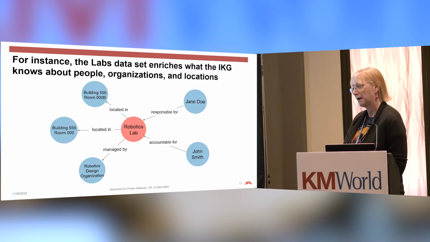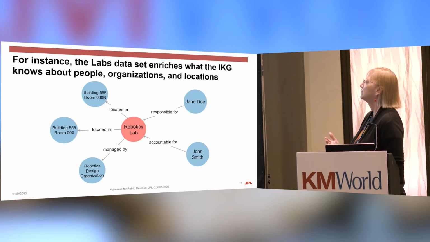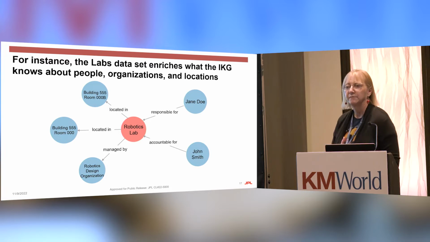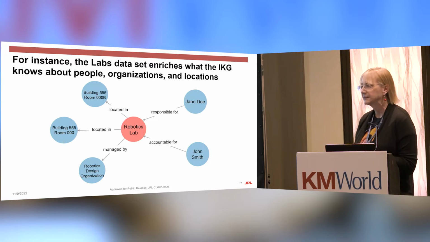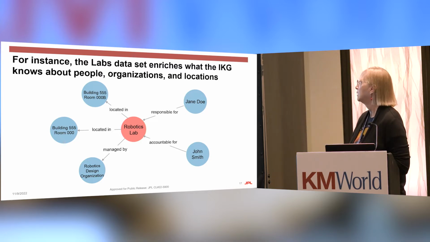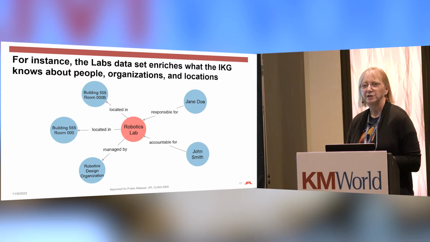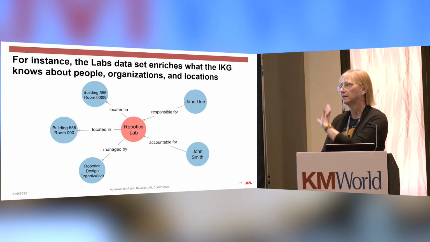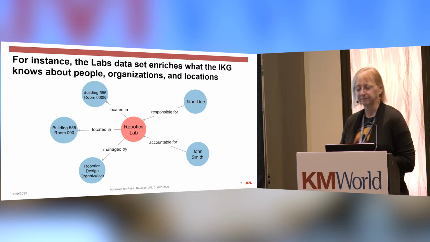There is a Robotics Lab, and so we now know who's responsible for it, who's accountable for it, where it's located, different rooms in different buildings. Sometimes they're spread out, but they're considered still one lab, and what organization's managing it. So now we have a lot more information about people and all of these entities. We know more about them now.